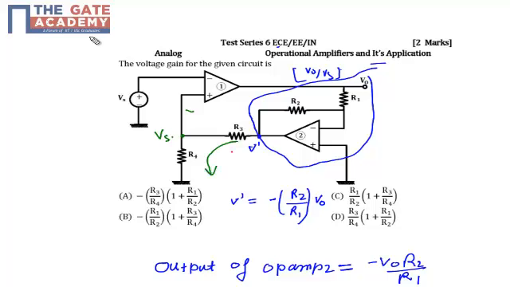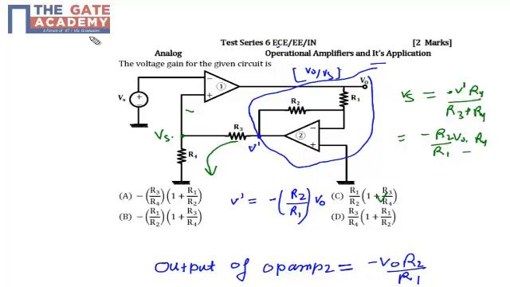So my Vs will be equal to V dash times R4 by R3 plus R4, right? This is my V dash. I have applied the voltage divider property here, where my V dash is nothing but minus R2 by R1 times V0.